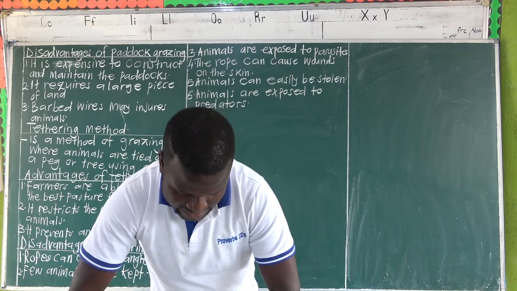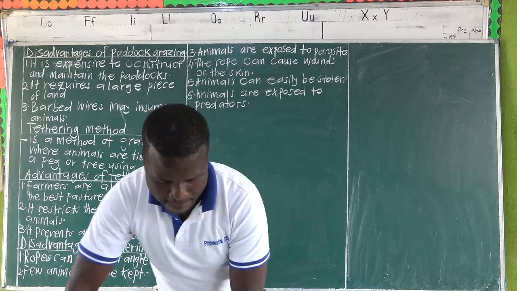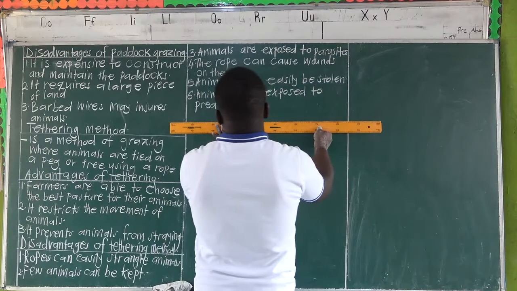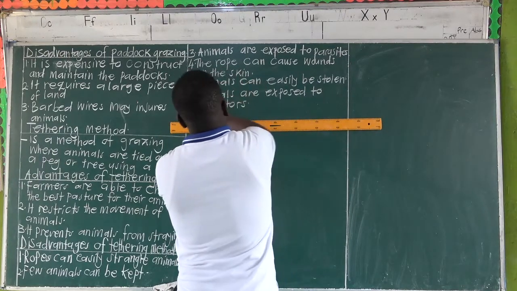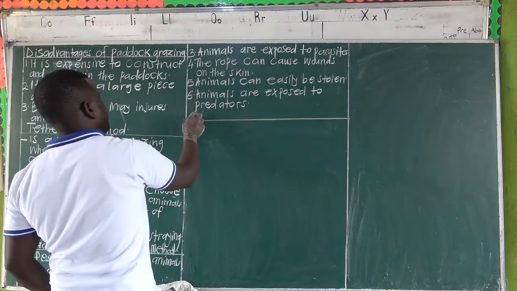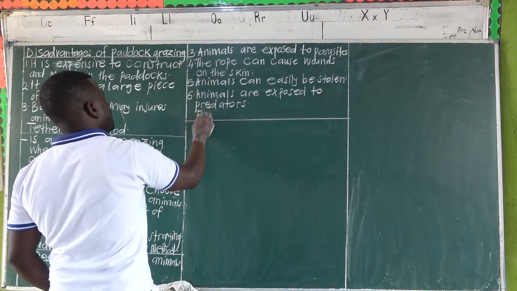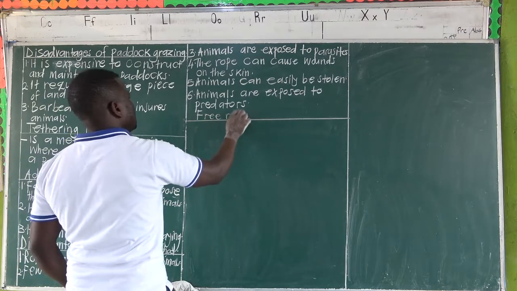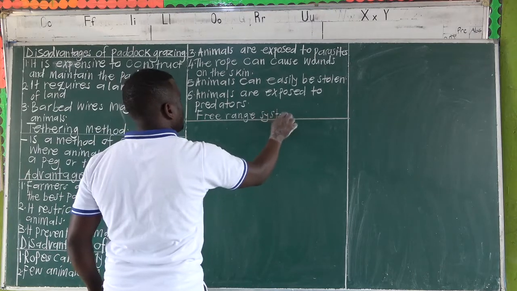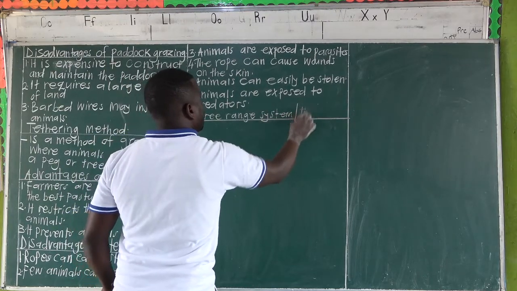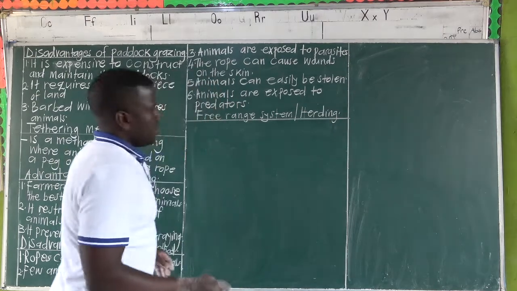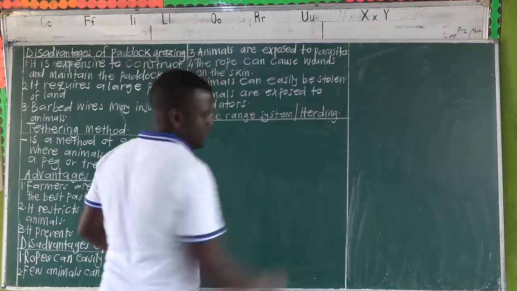Next we look at herding. Herding method, also known as free range system.